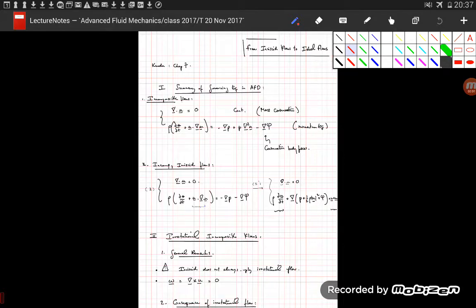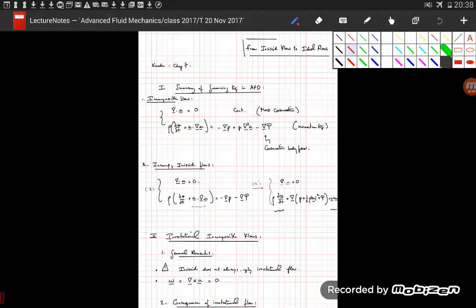And on Friday, we will continue discussing inviscid flow theory, potential flow theory, and hopefully we will derive the solution for the irrotational flow around the cylinder. So if you want to go ahead, you can read that part in Kundu. It's chapter 7. Now I don't have my book with me, so I can't tell you exactly which section it is in, but just look for flow around the cylinder and you should be able to find it.